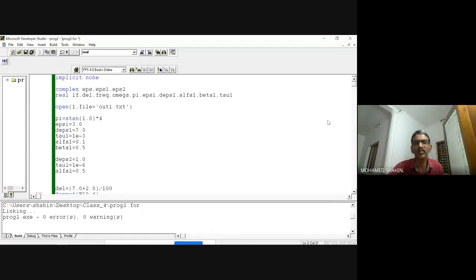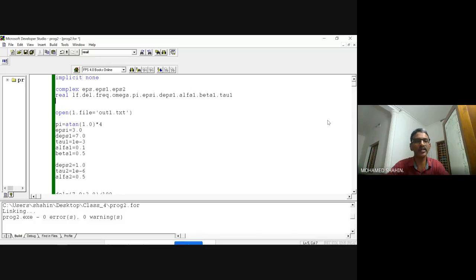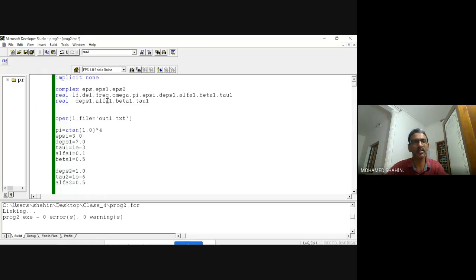Now you have to declare the quantities as real. What are the quantities you have to declare? These quantities: DEPS2, alpha 2, beta 2, tau 2.